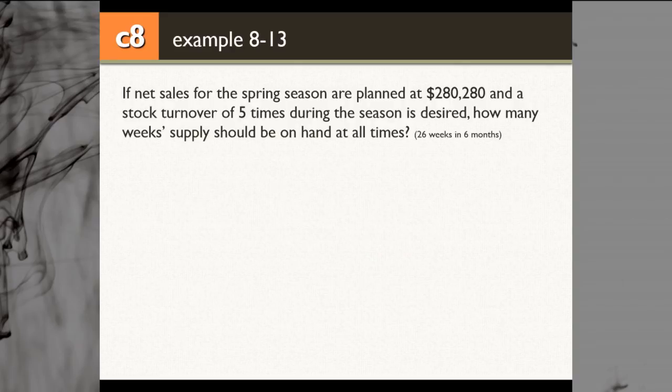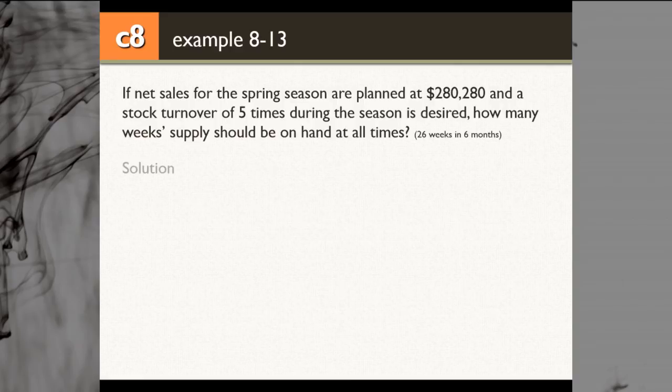If net sales for the spring season are planned at $280,280, and a stock turnover of 5 times during the season is desired, how many weeks of supply should be on hand at all times? That's how you calculate it.